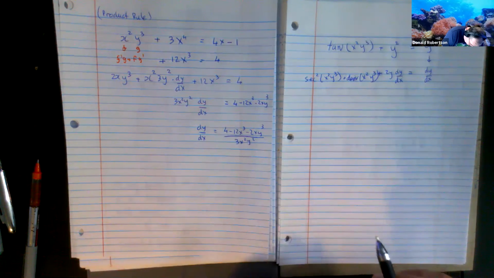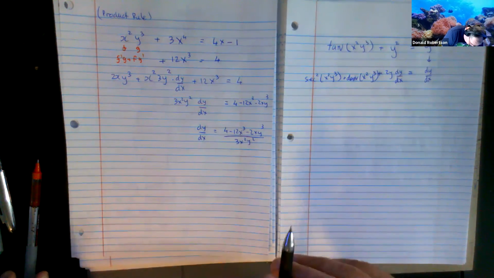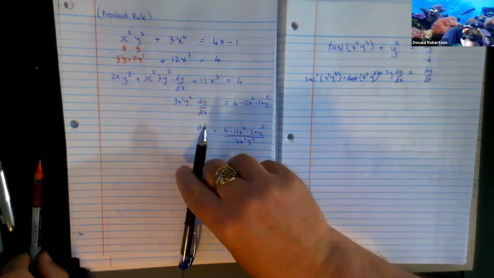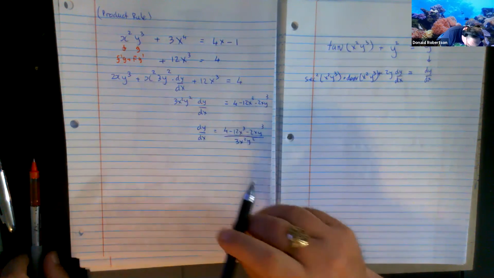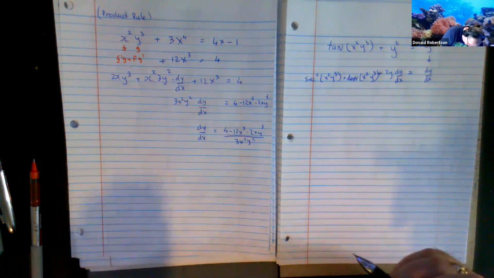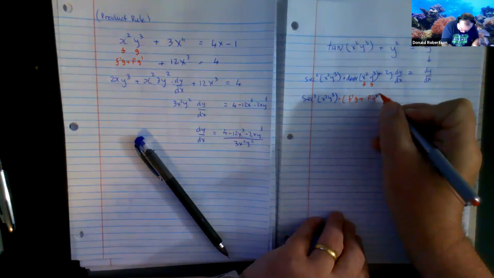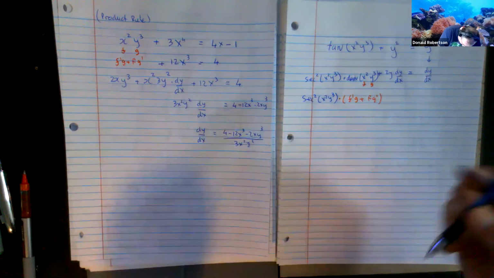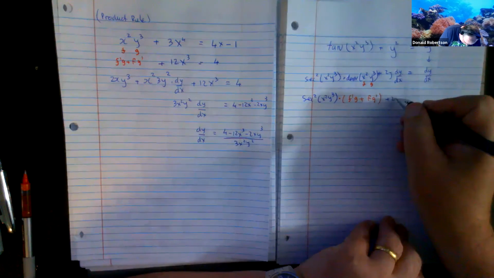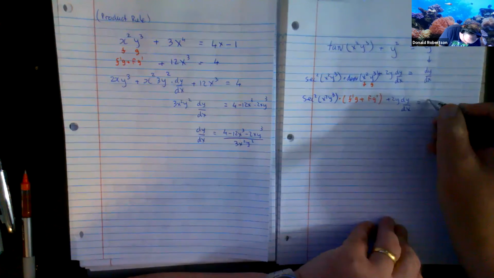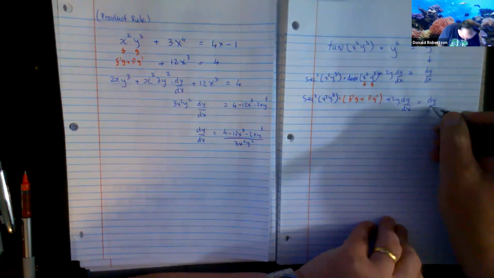So what I'm going to have is secant squared x squared y cubed. I'm going to call this guy f and this guy g. So when I differentiate it, I'm going to have to use the product rule on it. And then the rest, I'm just rewriting them again.